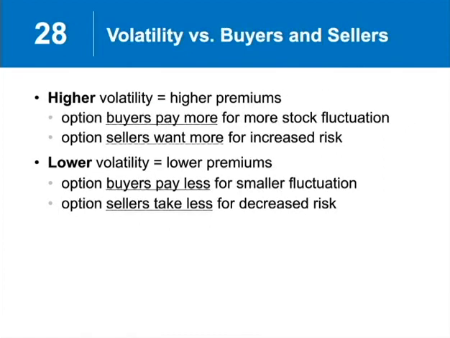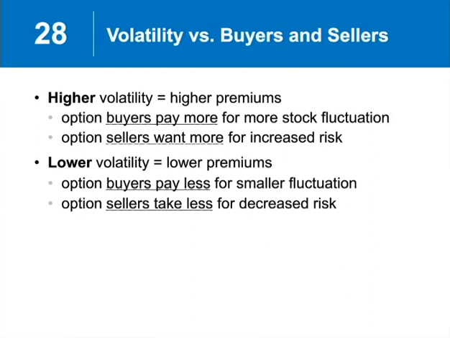So, again, from a common sense point of view, higher vols, higher premiums. The reason the premiums are higher is because no one maybe is quite sure what the range of this underlying stock's going to be. So the greater the fluctuation, the higher the premiums that the sellers want for the added risk of this stock moving all over the board.